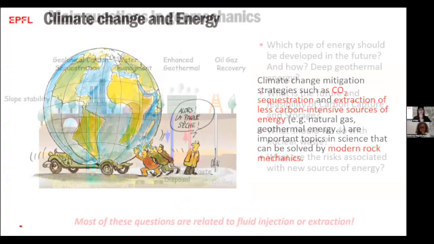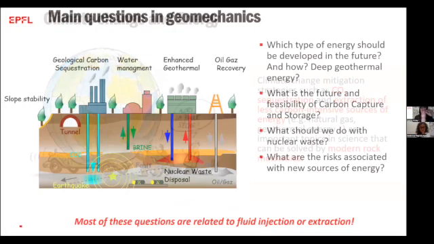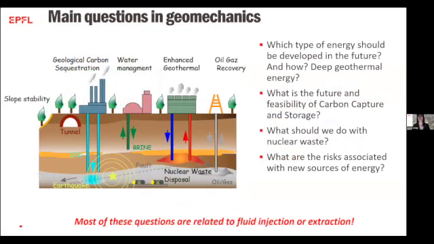And at AMR lab, we try to answer the following question: which type of energy should be developed in the future? And now with a big focus on deep geothermal energy, what is the future and feasibility of carbon capture and storage? What should we do with nuclear waste?